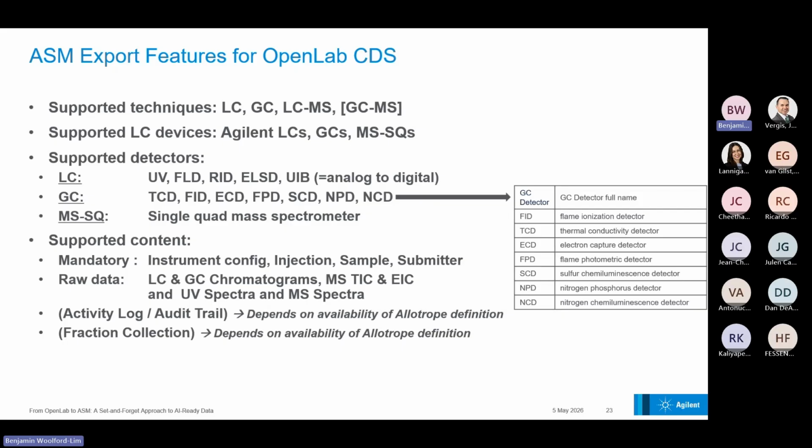We're working on the fraction collection to get this in. The pre-implementation is already done. I can show you some examples. The only step that is missing is if a fraction spans multiple vessels, that this has to be considered in the Allotrope specification, but we're working on this.